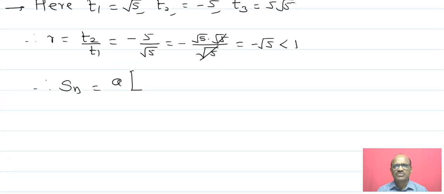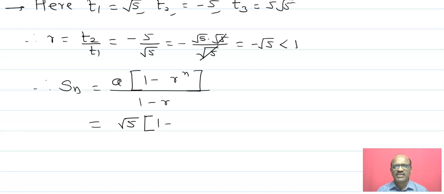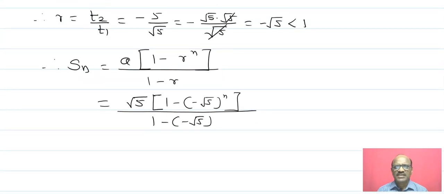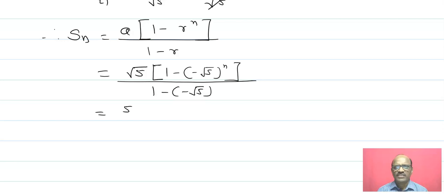Therefore Sn is equal to A in bracket 1 minus R raised to n upon 1 minus R. Now substitute the values. That is A is root 5, 1 minus in bracket minus root 5 bracket raised to n upon 1 minus in bracket minus root 5.